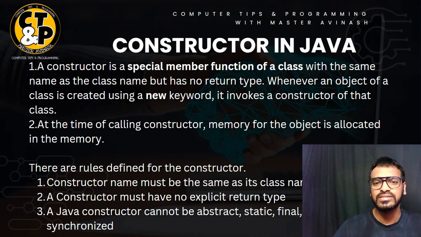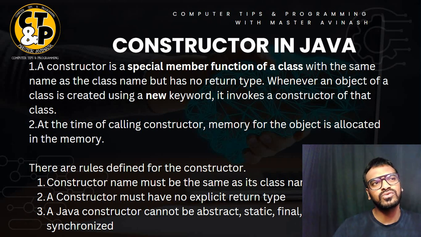Whenever an object of a class is created using the new keyword, and you already know that you create objects using the new keyword, it invokes a constructor of that class. So whenever you create any object of that class, the constructor is called.